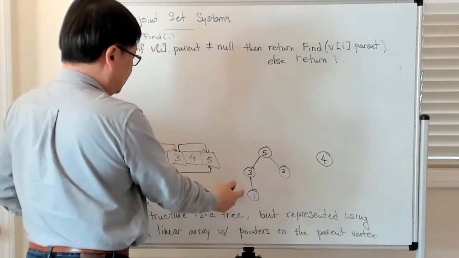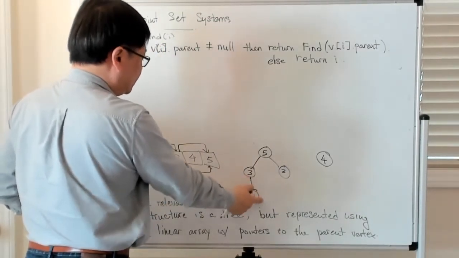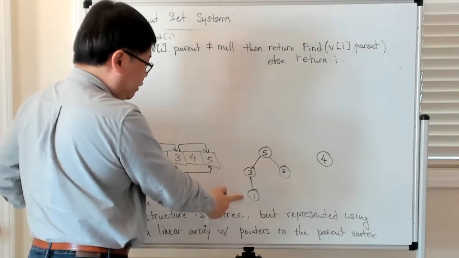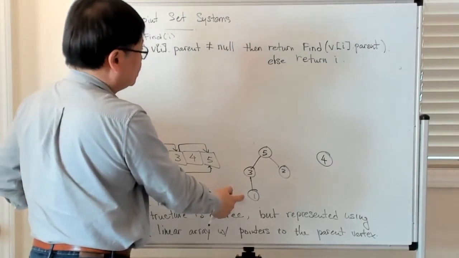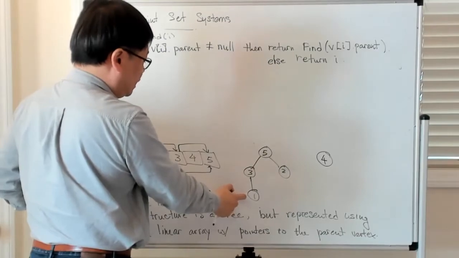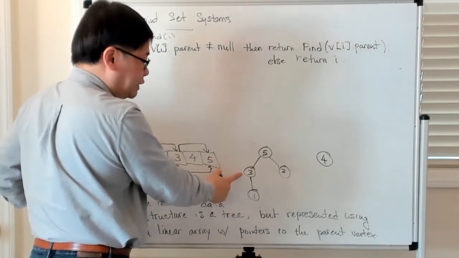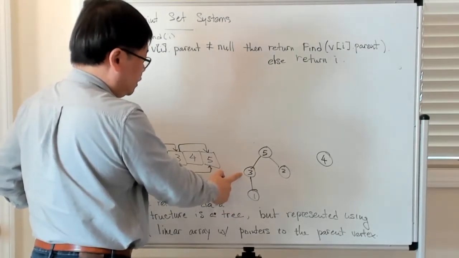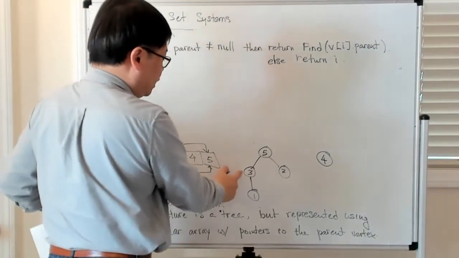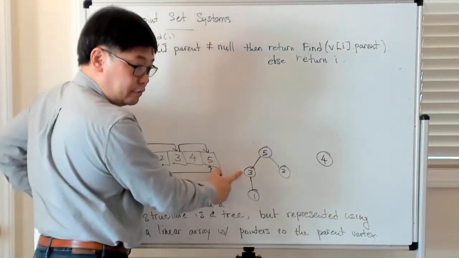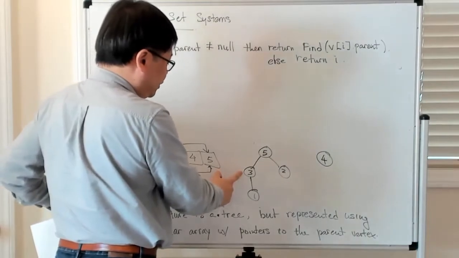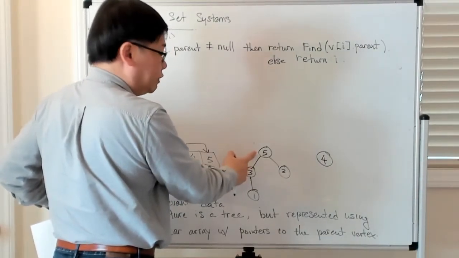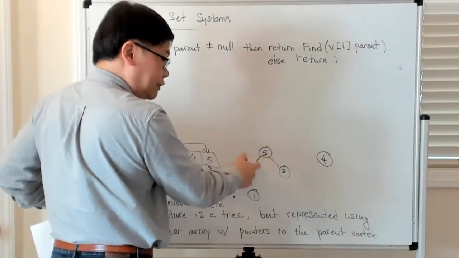You look at 1. It has a non-trivial parent pointer. So I will output instead the value of find 3, which is the parent of 1, okay? And 3 again is not a root, okay? So I will return the value of find 5, okay? 5 is a root, so I'll just return 5, okay?